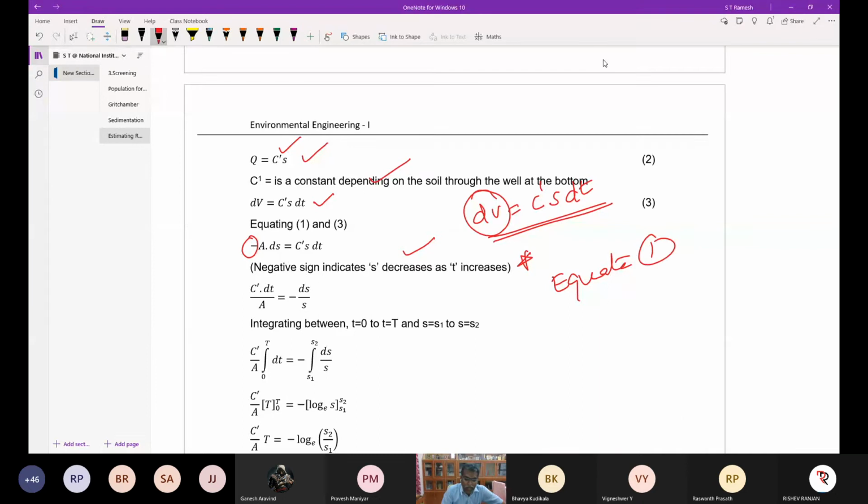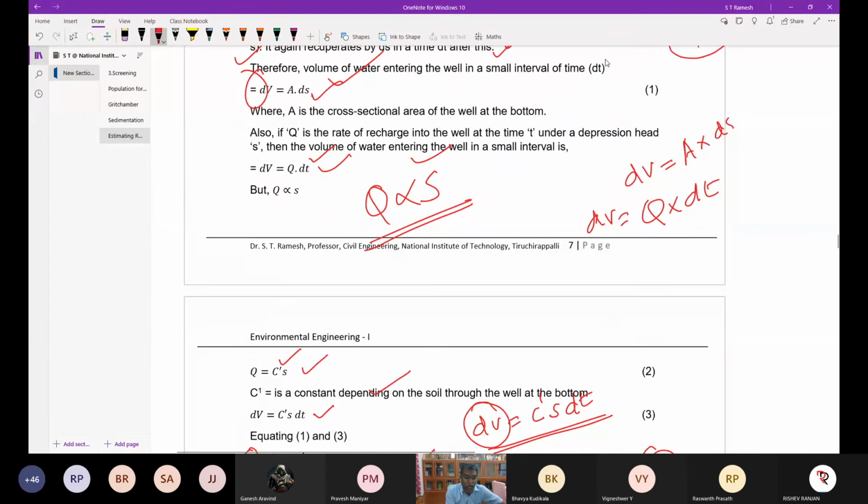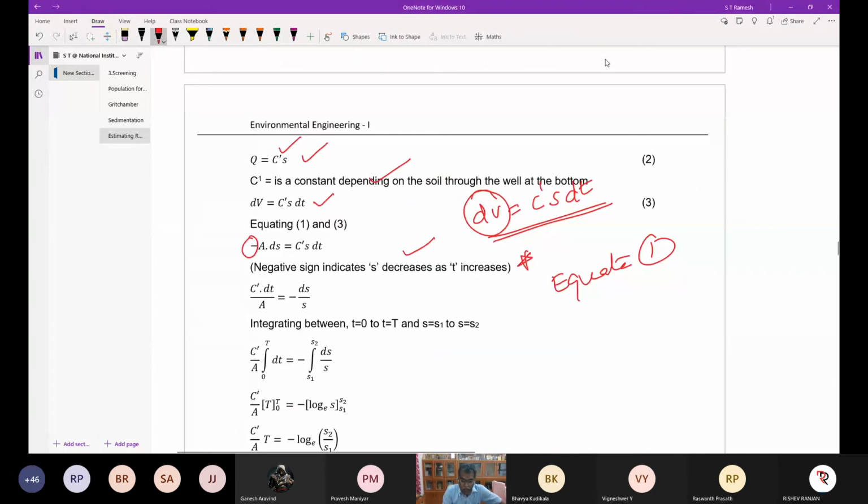Equation number 1, that is dV is equal to A into ds, and equation number 3, that is also dV, equal to c dash S into dt. I gave a negative sign because S decreases as t increases.